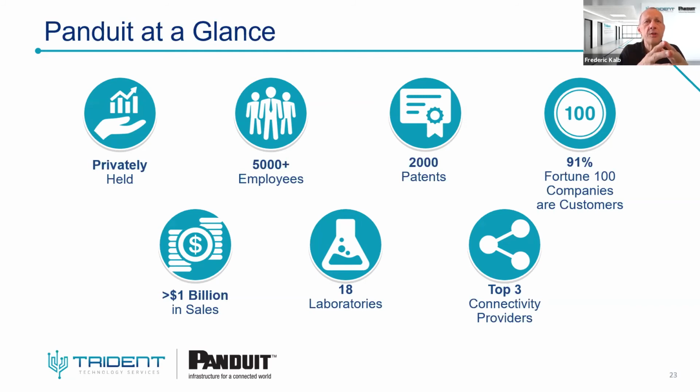Because that's also one of the points that I would like to mention here. Panduit is a unique company. Why can I mention that? Because others will have a similar message, let me say. But really, we are unique as a company because Panduit is still a privately held company.